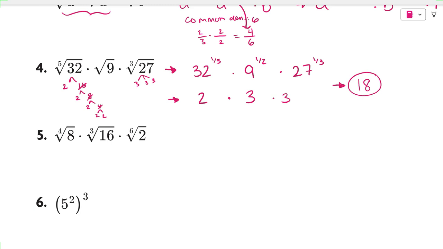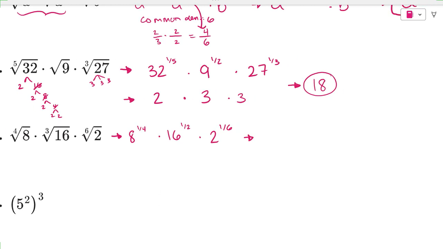This next one, I see a bunch of 2's. So we actually could, again, combine these if we make them all base 2, but we'll do that second. First, let's do 8 to the 1/4 times 16 to the 1/3 times 2 to the 1/6. Okay.